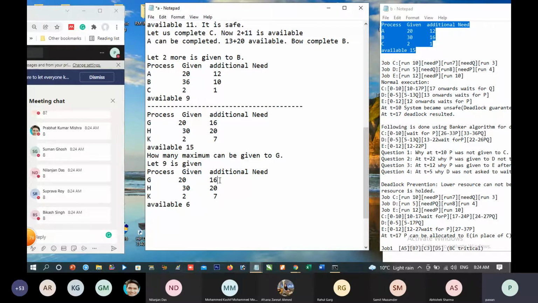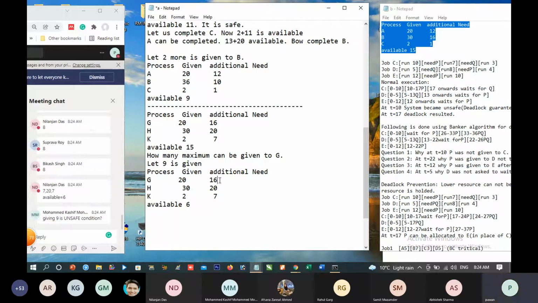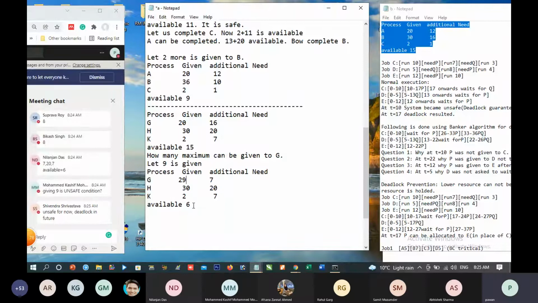Additional need of this will be... is it correct? Now, at present there is no deadlock. But after some time, when anyone asks for any resources, he will be asked to wait. And in future deadlock will take place. Is it correct?